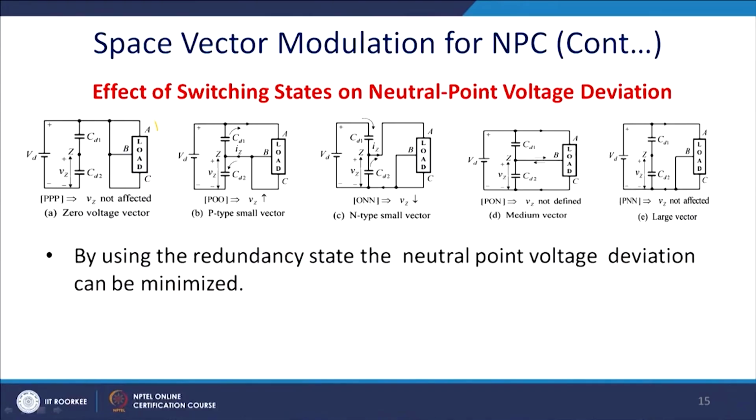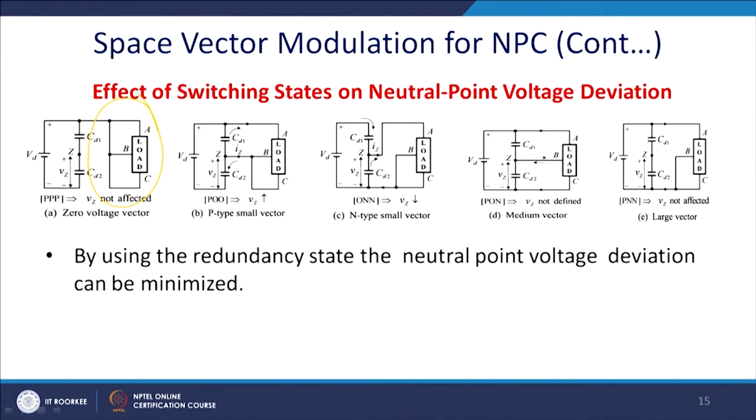So, we require to calculate in the same way TA, TB, TC, and thus we need to know for which time duration what will be applied. And you see how it will work in between. When you apply P P P, your load configuration is this.